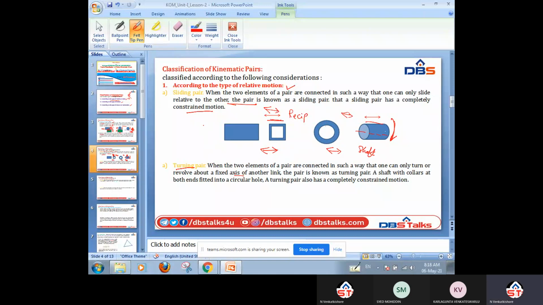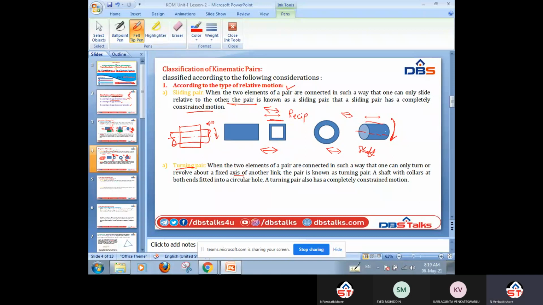Suppose let us consider a shaft fitted in a circular hole. The circular shaft is inserted, with rotation and reciprocating motion.